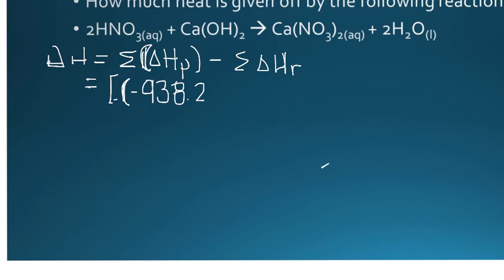We're going to add that to the delta H of H2O, or the heat of formation of H2O as a liquid, and there's two of those. So we have to multiply that by 2, and that is a negative 285.8.